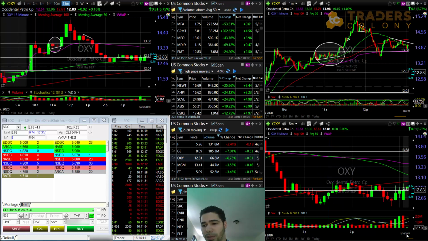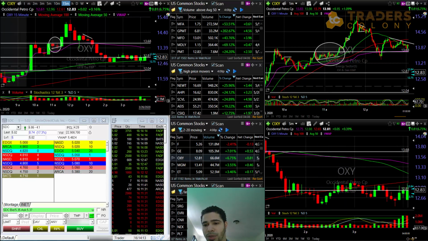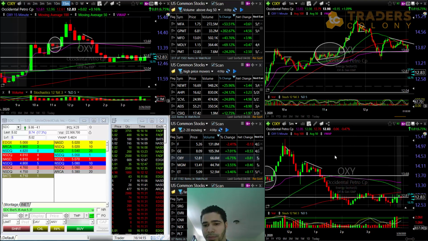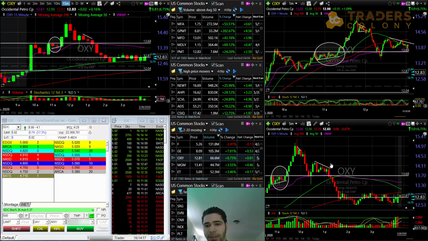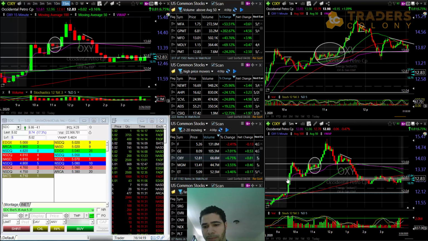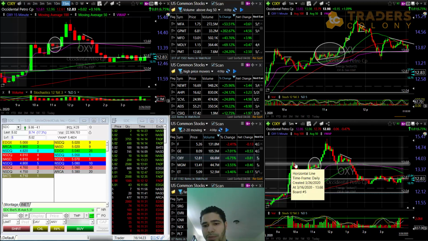I wanted to show you that pattern so you can see those patterns on the 5 again. Ramped up, broke all of the resistance, rejected that resistance on the daily, came down the first time around, retested the prior resistance that became support, came right back here again, rejected this area of resistance again, flagged, and broke out.